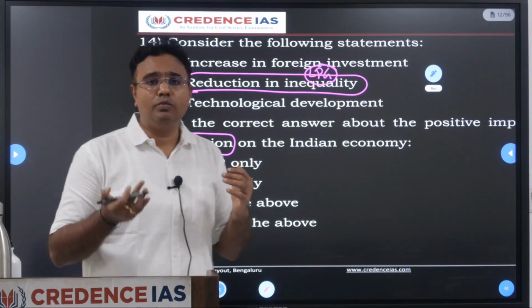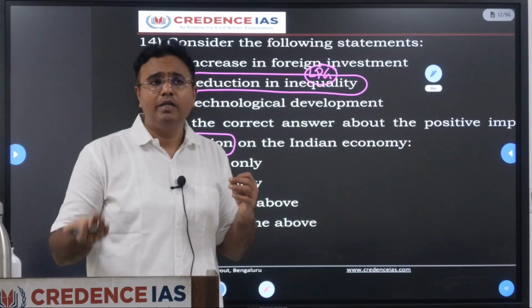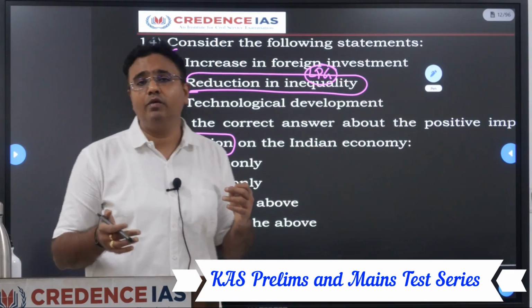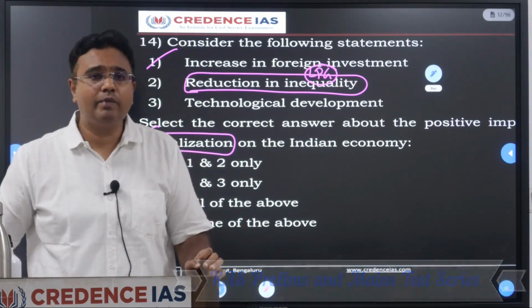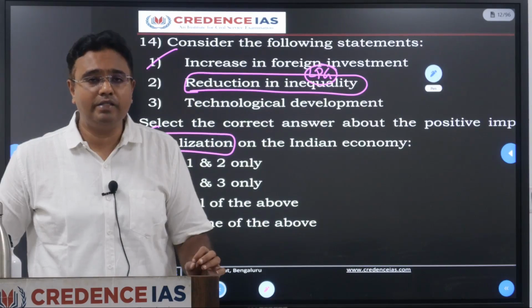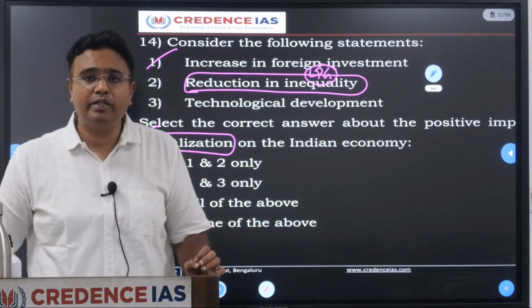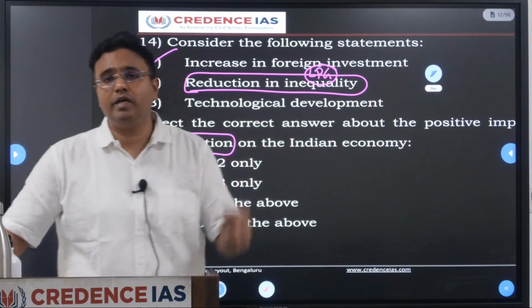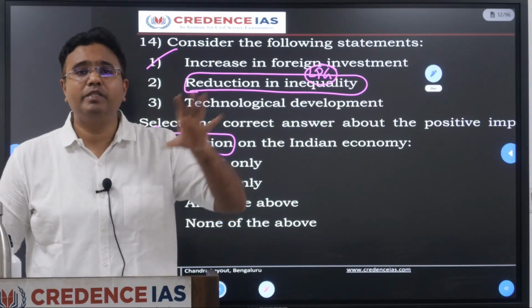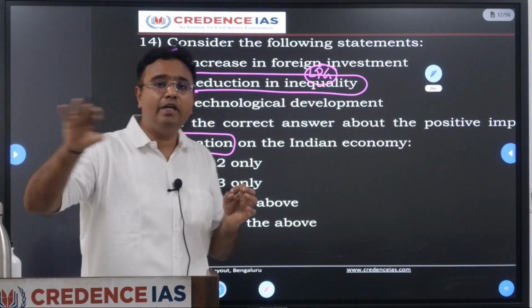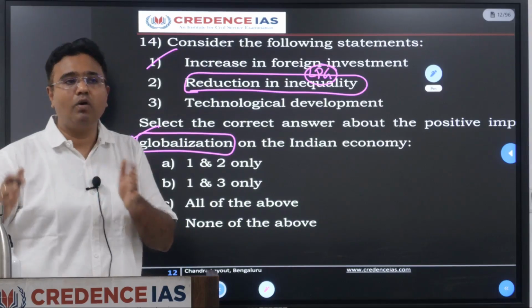Take the best example of the ration shops. Earlier we used to have a ration shop near our houses to get the ration. With the advent of various FDIs in the food chain market, the retail chain market, now various big chains, Big Bazaar type grocery shops, have come into the picture, which has definitely impacted the small ration holders.